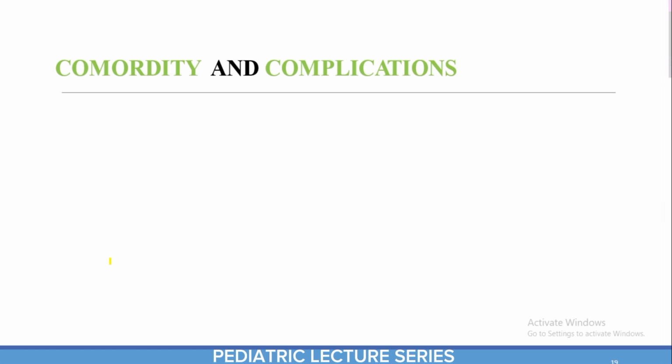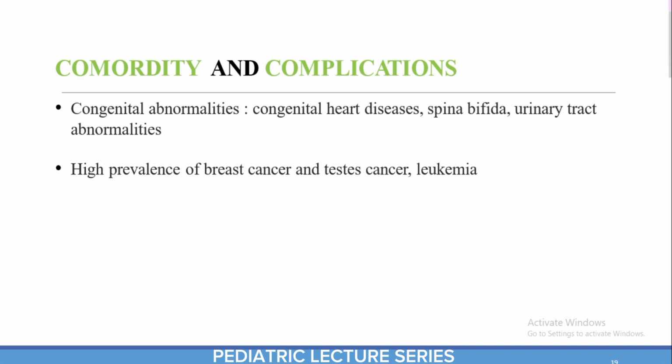There are certain complications and comorbidities associated with Klinefelter syndrome, which include congenital abnormalities that we have seen earlier, like congenital heart diseases, spina bifida, and then you have this high prevalence of breast cancer and testicular cancer, plus leukemias.